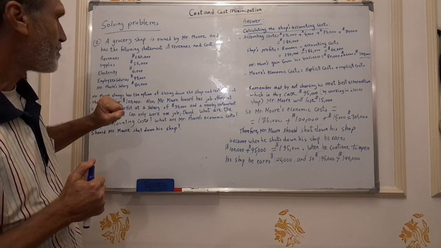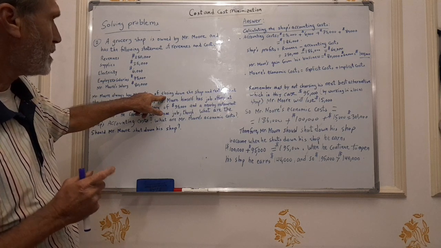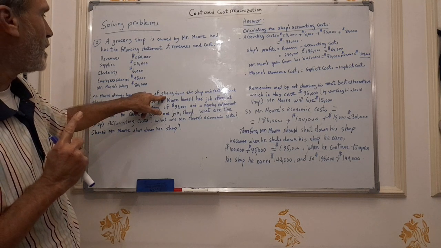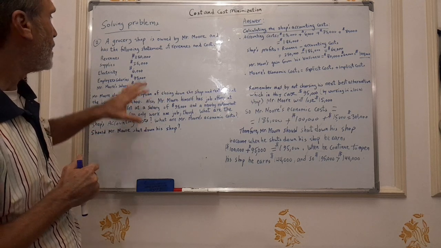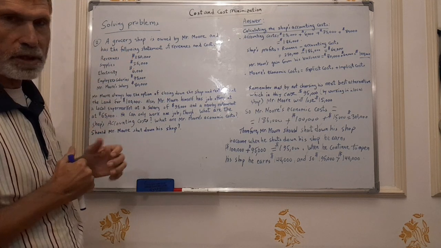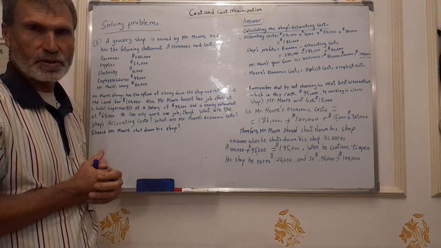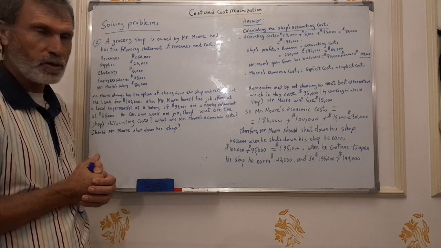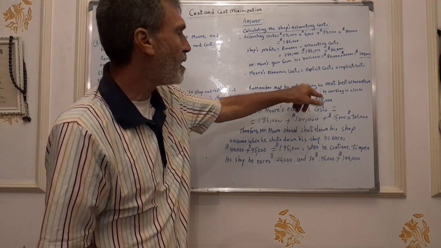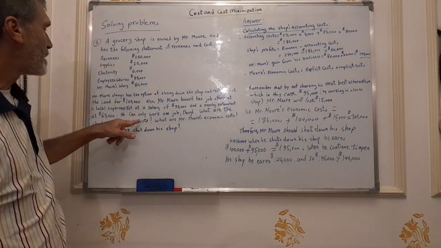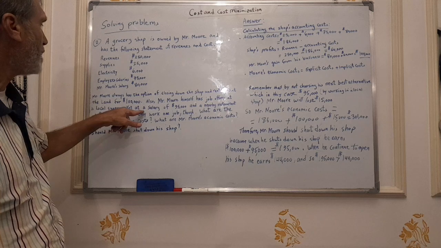First of all, remember that if Mr. Moore decided to continue to work his job, what is he going to lose? Of course, he is going to lose, as we said over here, the $95,000. This is the salary that he receives by working nearby.